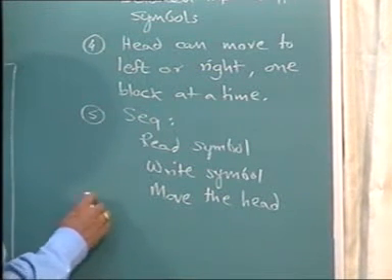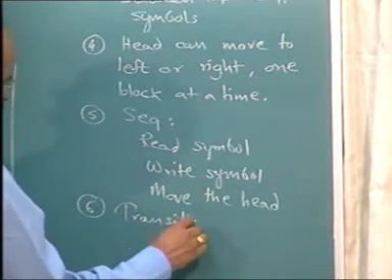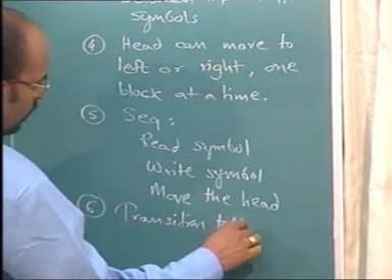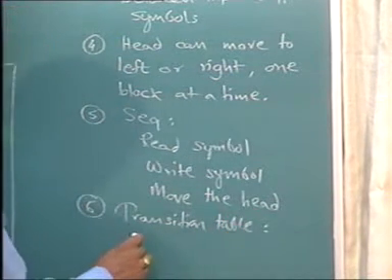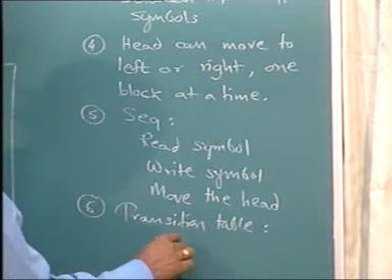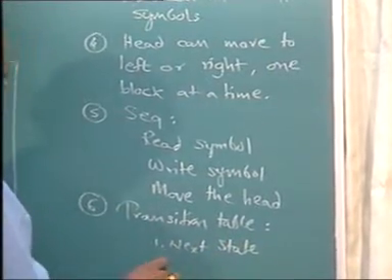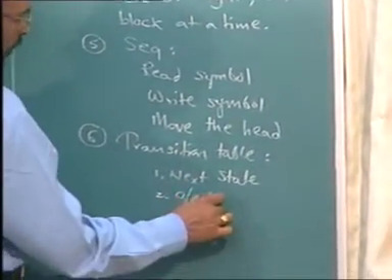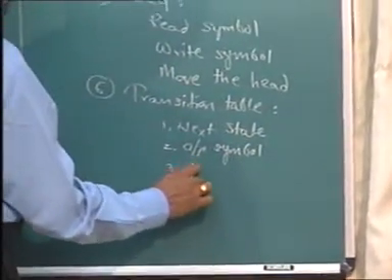Transition table gives us number 1 next state, number 2 output symbol, and number 3 direction of head movement.